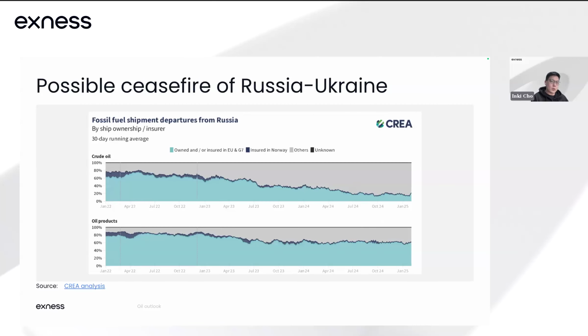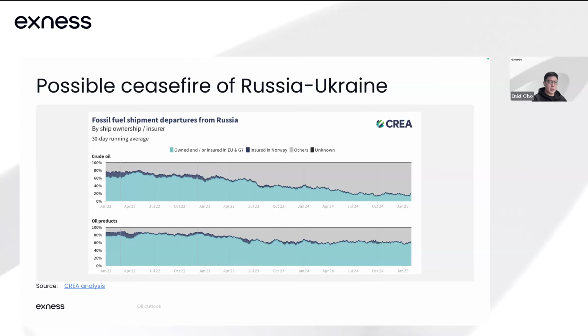And this is also very important data. Last year's sharp rise in oil prices was largely driven by the geopolitical risks surrounding the Russia and Ukraine war. The global oil supply took a major hit due to restrictions on Russian exports, which pushed oil prices higher. Now there's growing speculation that this geopolitical concern could ease following Trump's intervention.